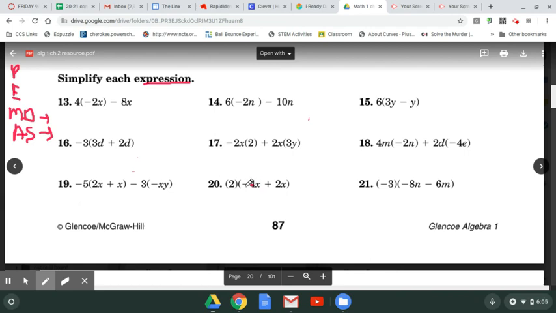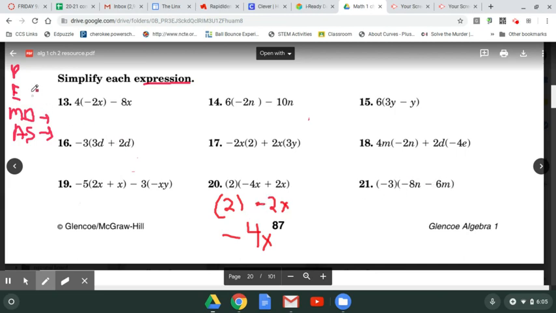What do you get when you combine negative 4x with 2x? Right. You bring down the 2 and you get negative 2x. Then you multiply negative 2x times 2. Positive times a negative is negative. 2 times 2 is 4. Then you tack on the exponent.